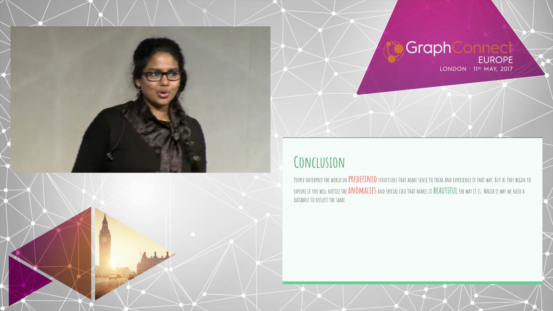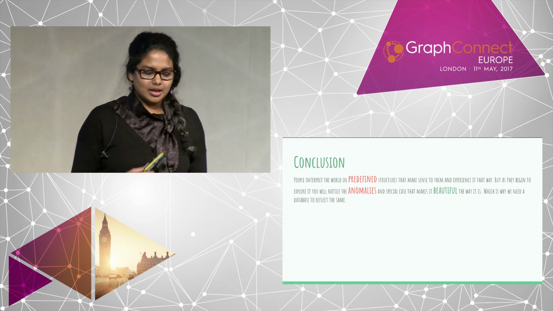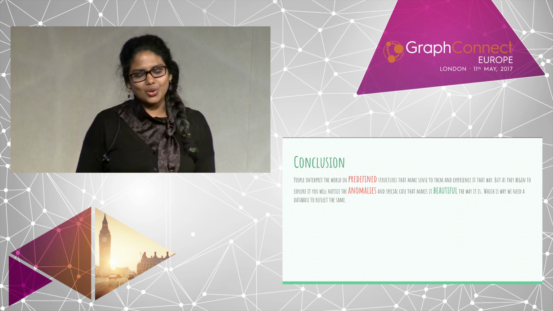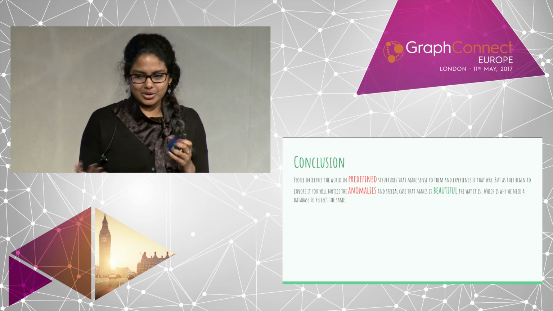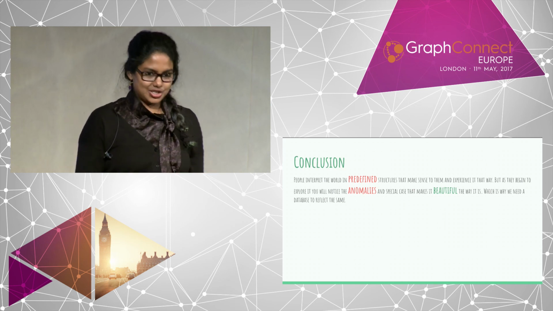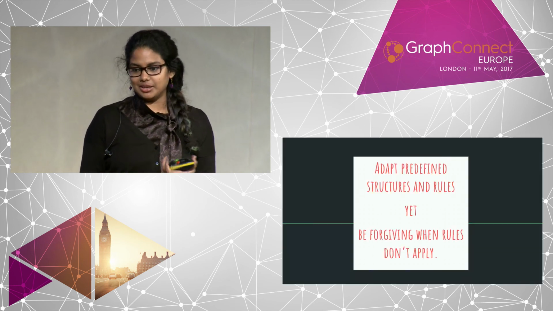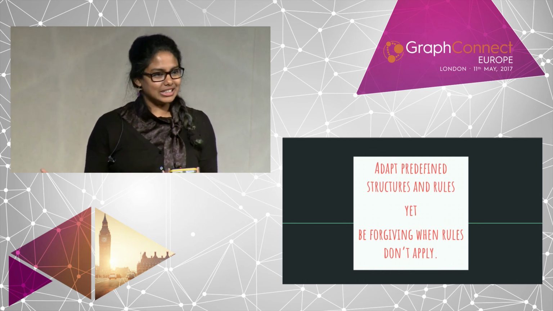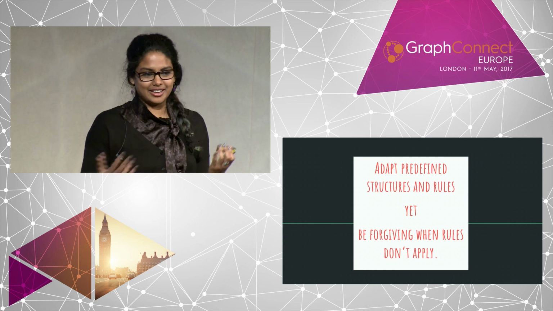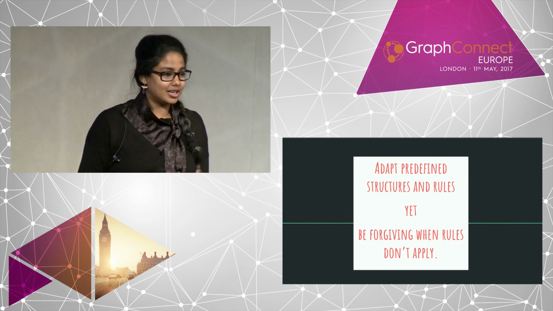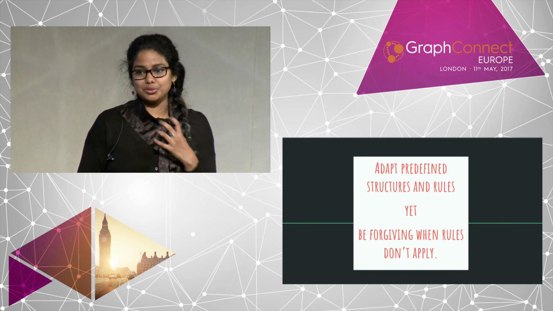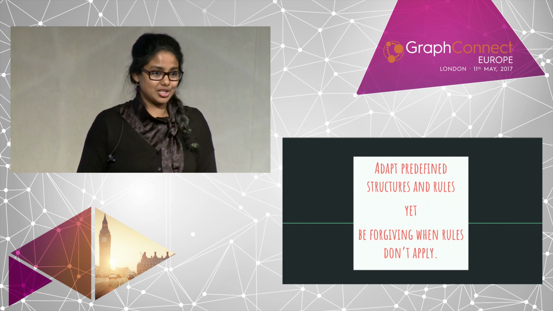In conclusion, if anything, I want you to go home with this idea. Everywhere around us we have predefined structure, and most of the applications that we build start off with predefined structures. But then slowly we see anomalies emerging here and there, and your schema and the database that you are using should be easily extensible for you to make those changes and support those anomalies.